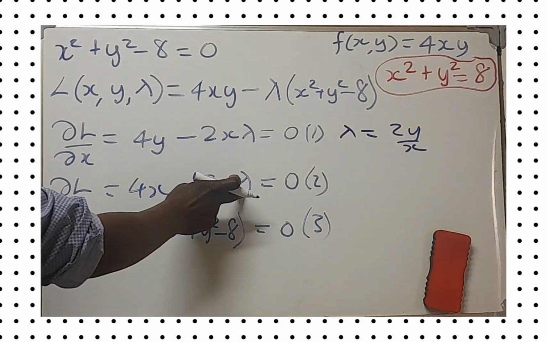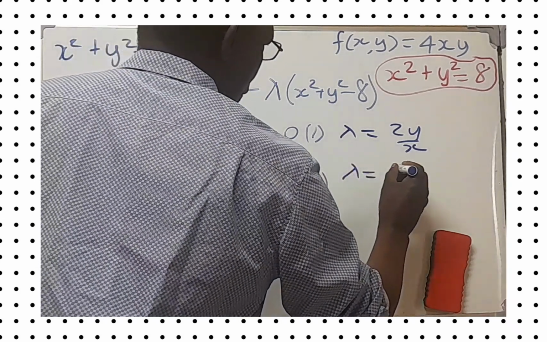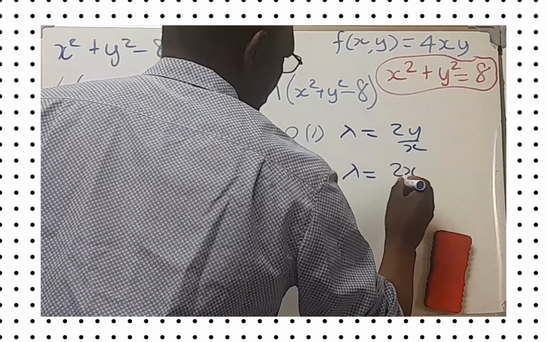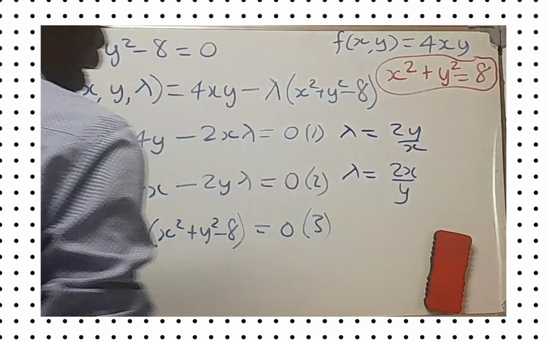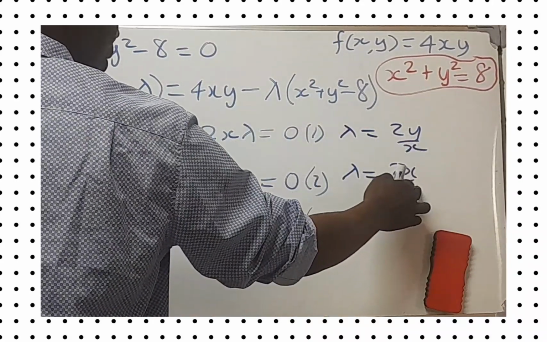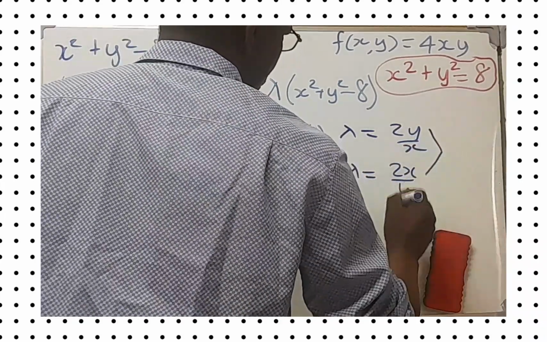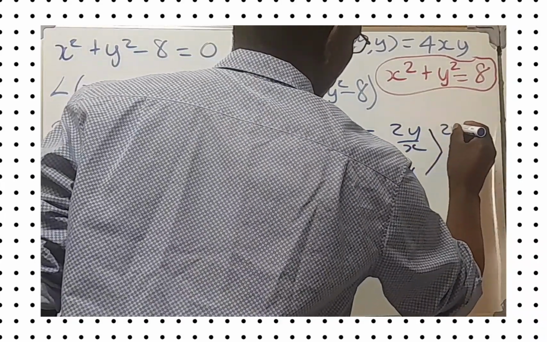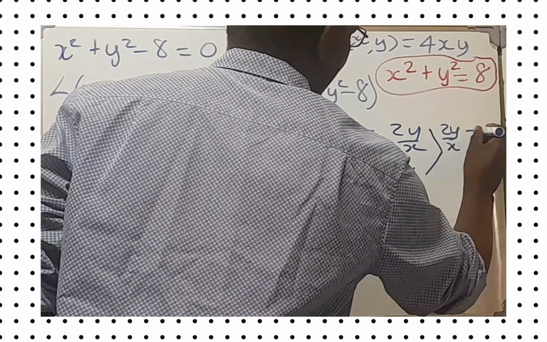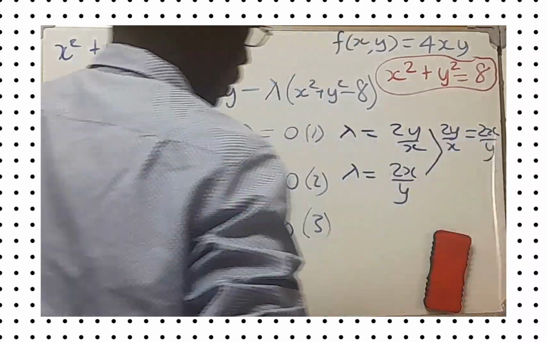We do the same here, we will end up with lambda is equal to 2x over y. Now this is equal to lambda, this is equal to lambda, so this must be equal to that. So this means that 2y over x is equal to 2x over y.